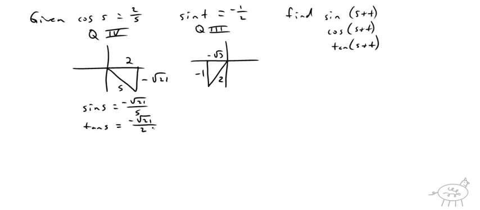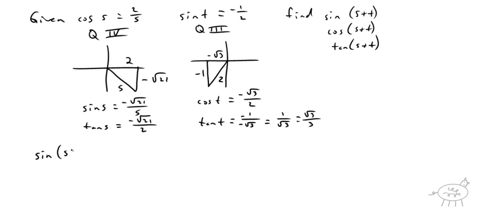Sine of T is -1/2, so we're going to do cosine of T, which is going to equal negative root 3 over 2, and tangent of T is equal to -1 over negative root 3, which is 1 over root 3. You guys agree with that? Rationalized, we got root 3 over 3. Okay, pretty easy.